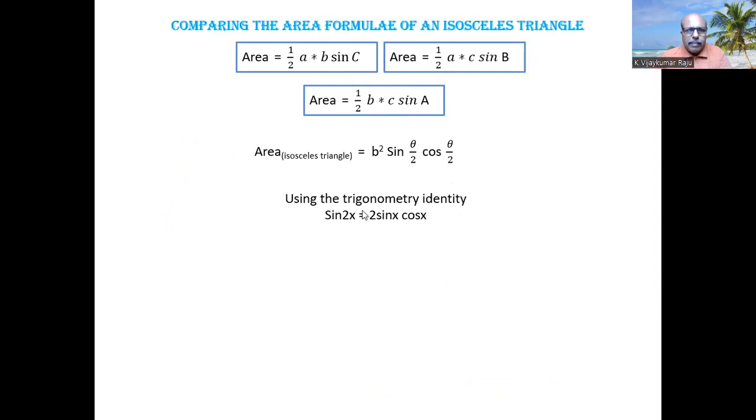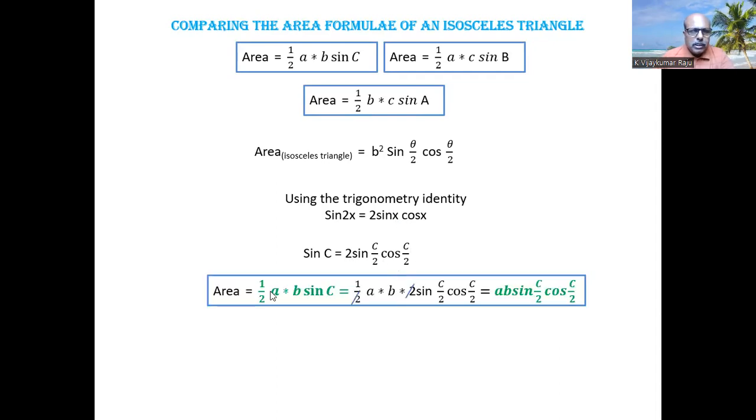Now you see here, using the trigonometric identity, sine 2x is equal to 2 sine x cos x. If I take sine 2x as sine C, because it's 2x, I am getting only x. That means if this is C, this should be C by 2. So sine C will be 2 sine C by 2 cos C by 2.